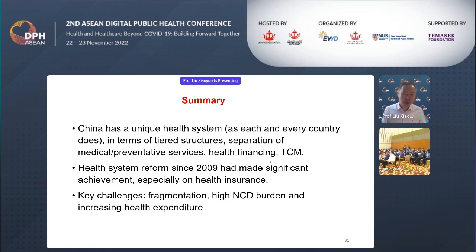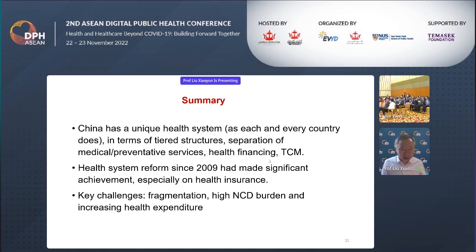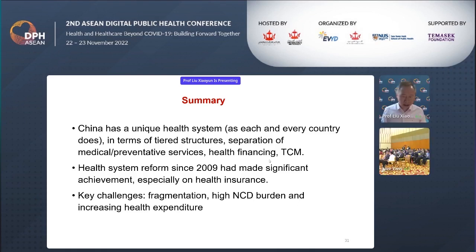We now cover almost all the population, urban and rural, to provide financial protection to them. This is for a big population of 1.4 billion. We believe this is a big achievement to protect the Chinese population's health.